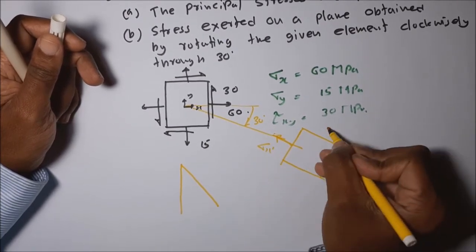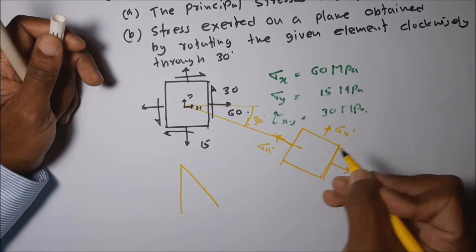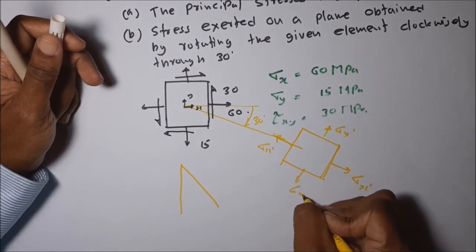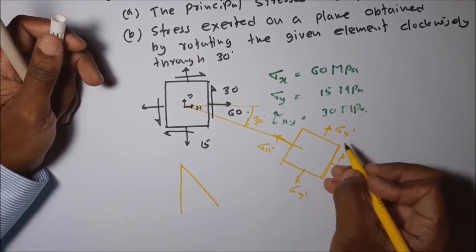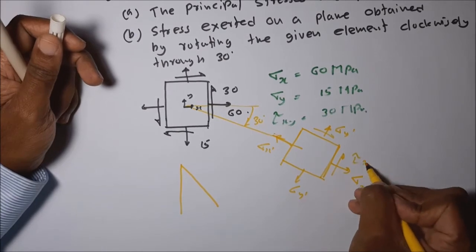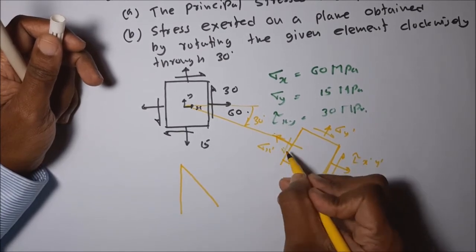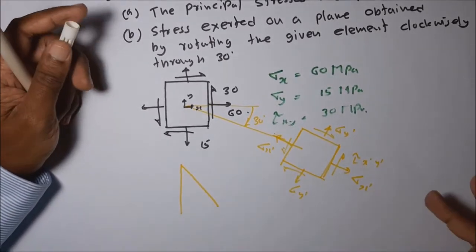Sigma x dash, sigma y dash, and tau x dash y dash. These are the things you have to determine.